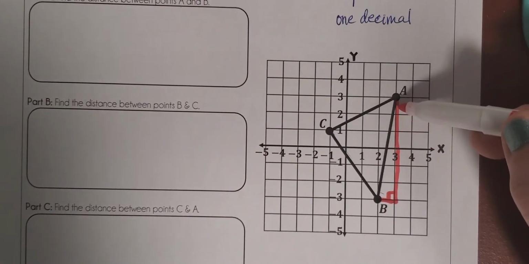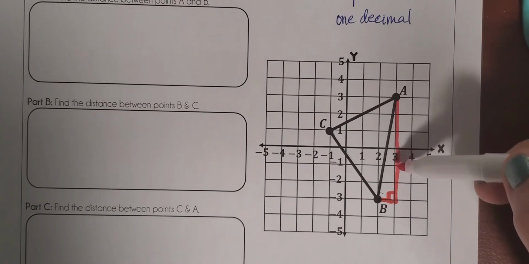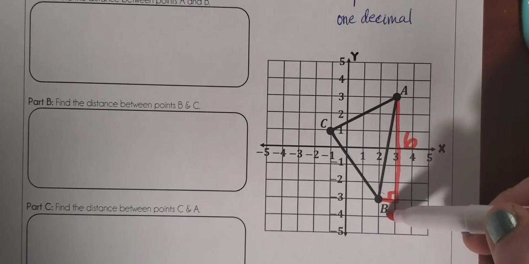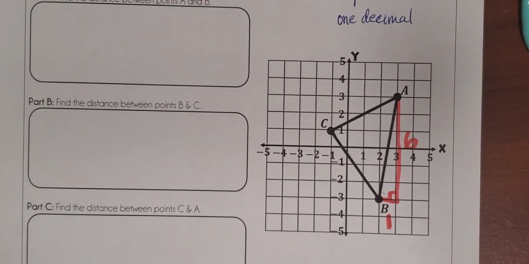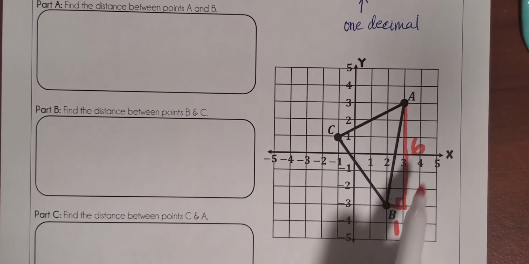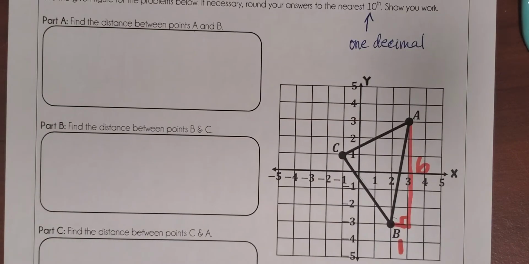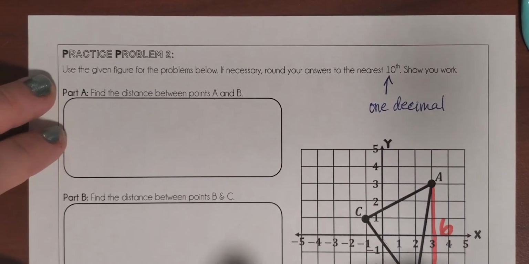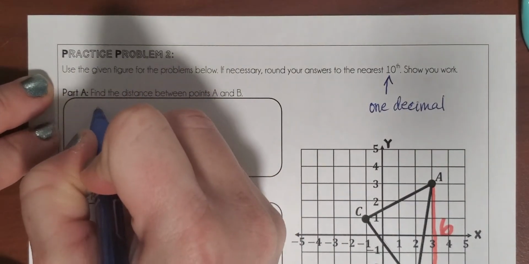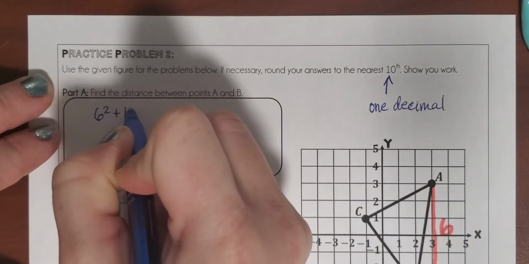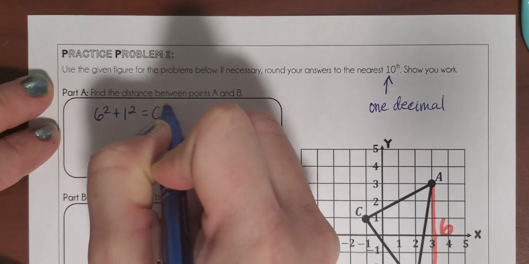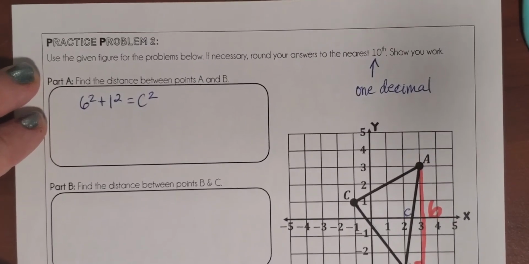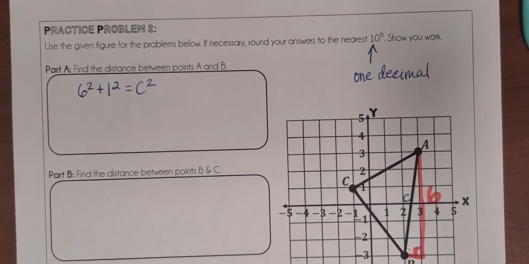I can see that I have 1, 2, 3, 4, 5, 6 units here. And this is just a single unit, so I have a 1. By knowing that my 2 leg numbers are 6 and 1, I'm able to plug that into my formula. So I have 6 squared plus 1 squared equals c squared. And again, c is this diagonal side that I want to look for. That's what I'm trying to find.